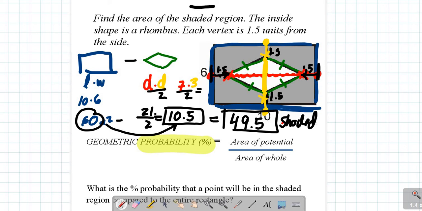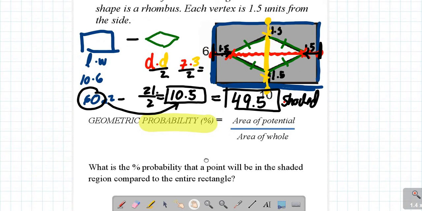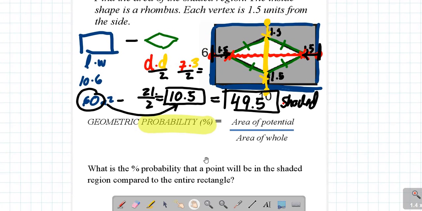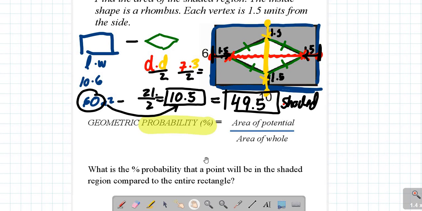I'm going to introduce a new concept. We haven't seen this before, but it's called geometric probability, and it comes into play a lot in SAT's percent probability. Okay. Geometric probability. There's different kinds of probability. Under the word geometric, I'd like you to write these 2 words: area and volume.